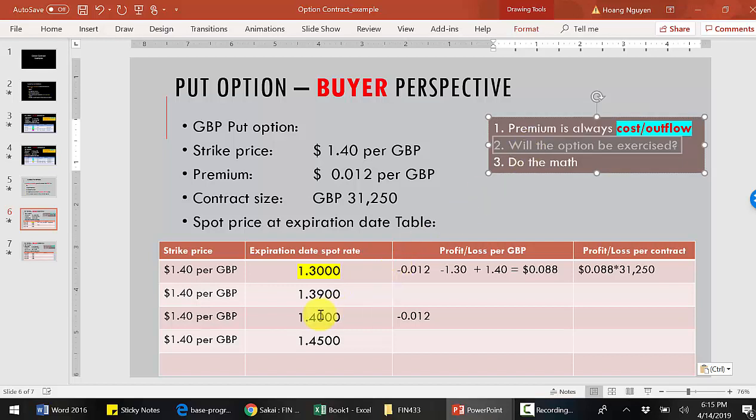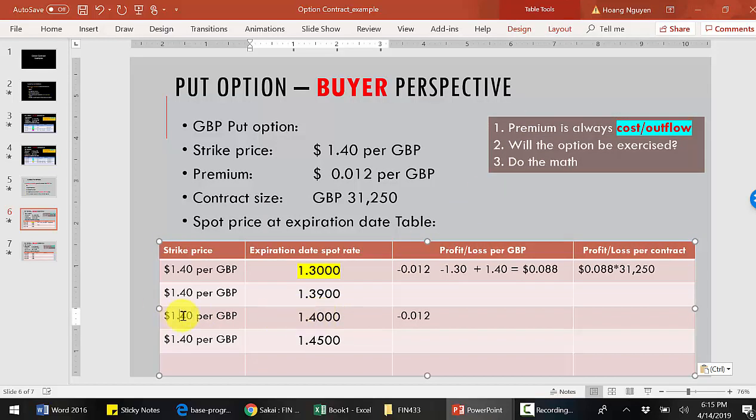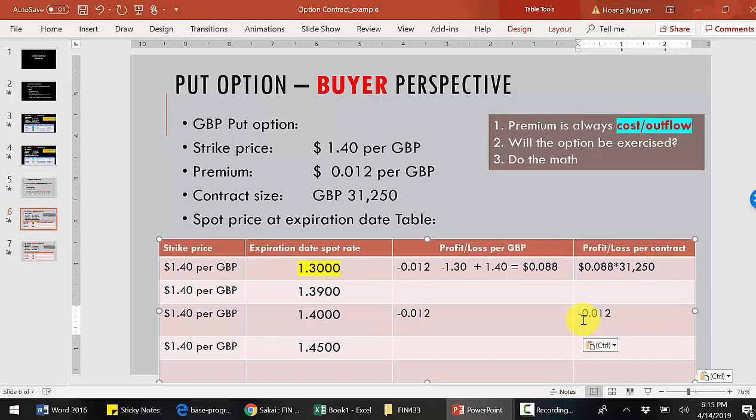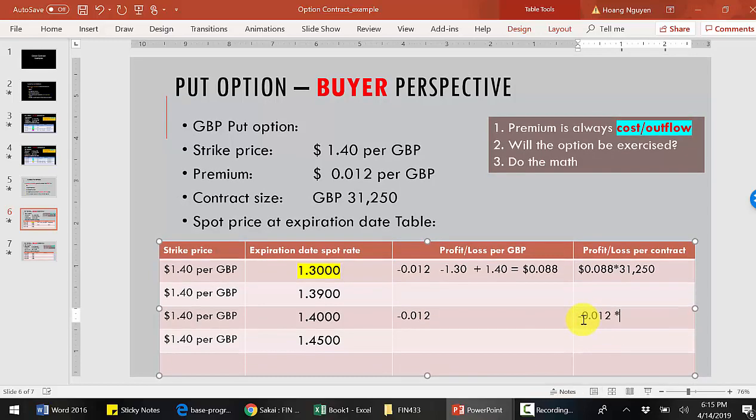If you buy in the market, you pay 1.4. If you sell to the market, you get 1.4. If you sell according to the contract, you also get 1.4. So basically no difference here. So your total loss will be the premium. And clearly the total loss for the contract will be the premium times 31,250.